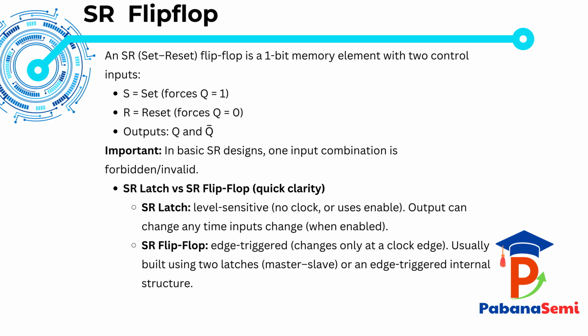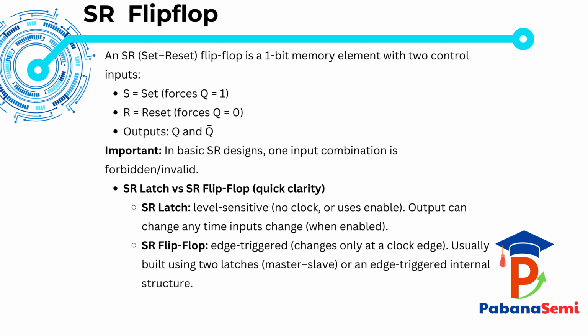Now let's clearly understand the difference between an SR latch and an SR flip-flop. An SR latch is level sensitive. It does not necessarily require a clock, or it may use an enable signal. The output can change whenever the inputs change while enabled. An SR flip-flop is edge-triggered.